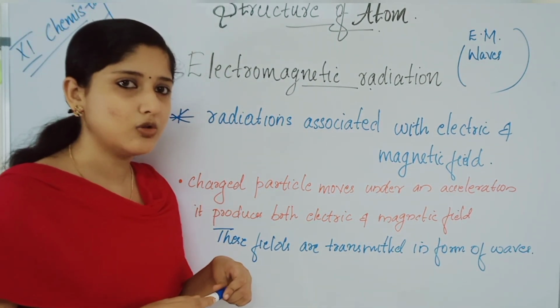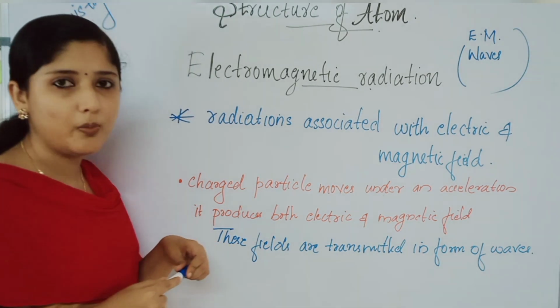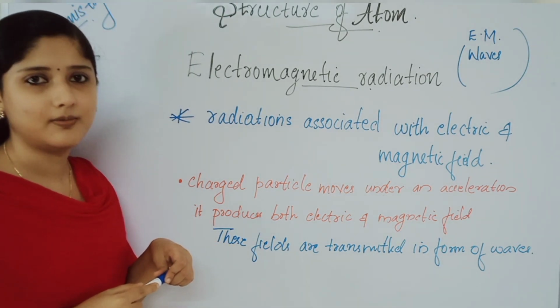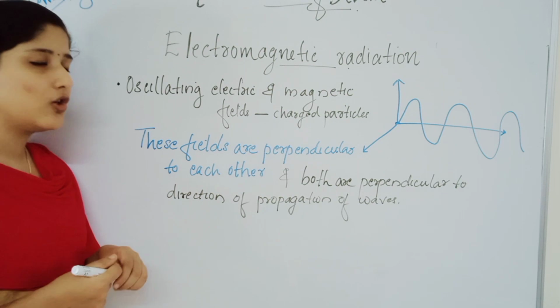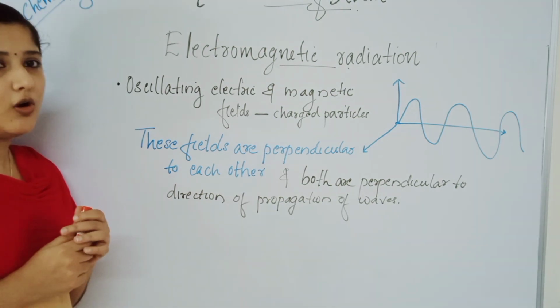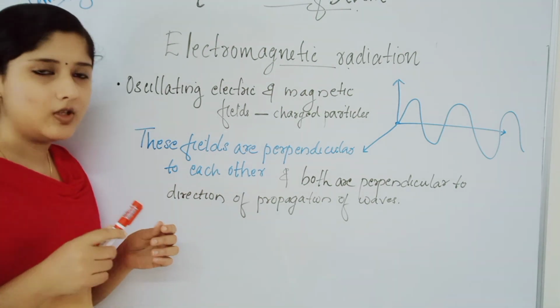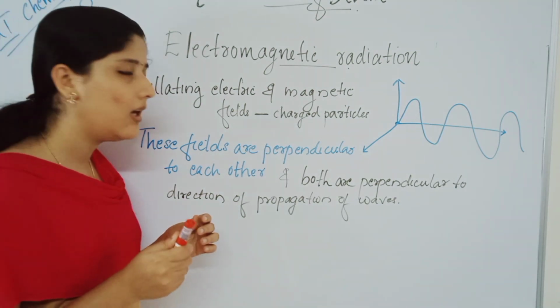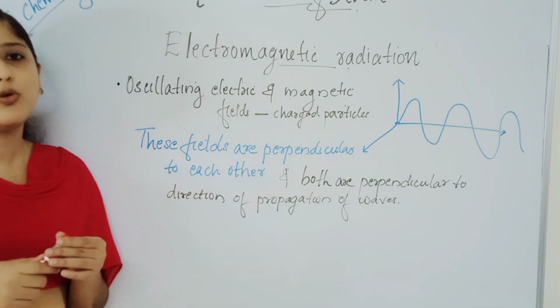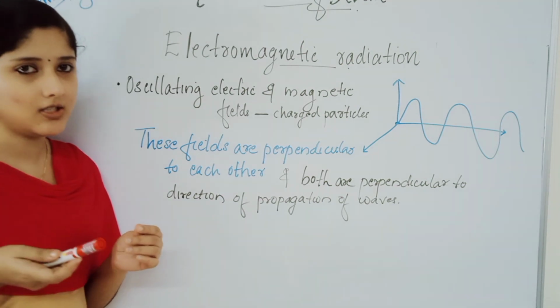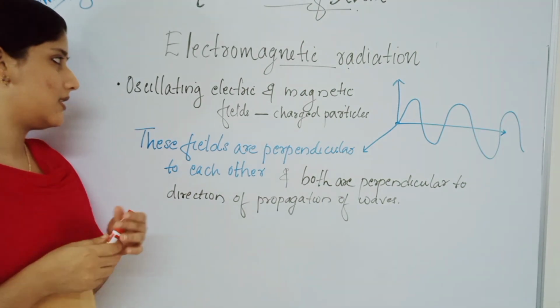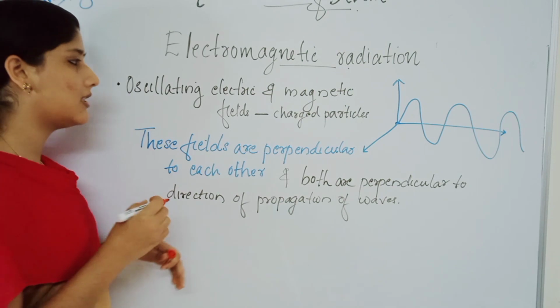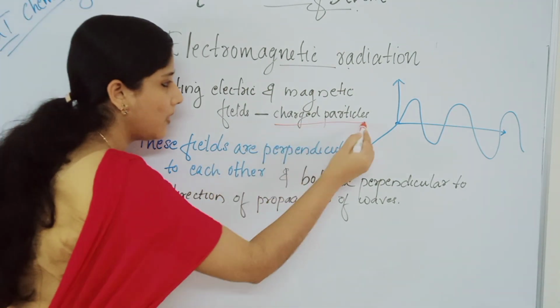Next, let us look at the properties of electromagnetic radiation. The first property: we already studied that a charged particle moving under acceleration will produce both electric and magnetic fields. These oscillating electric and magnetic fields are produced by the charged particles.